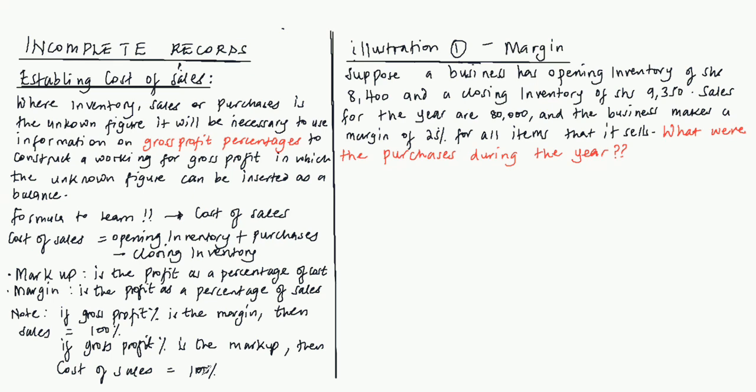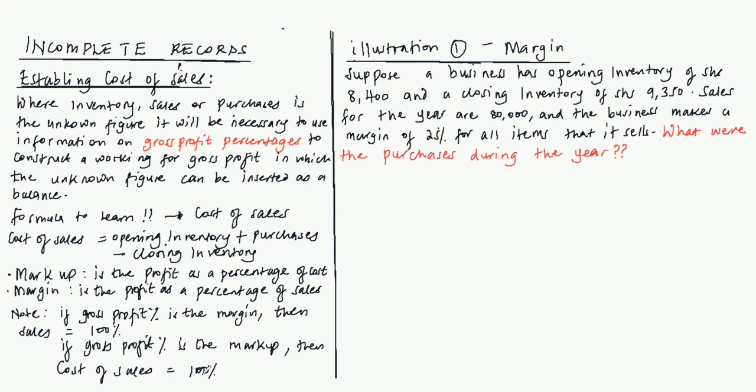Sales for the year are 80,000 shillings, and the business makes a margin of 25% for all the items that it sells. What were the purchases during the year?